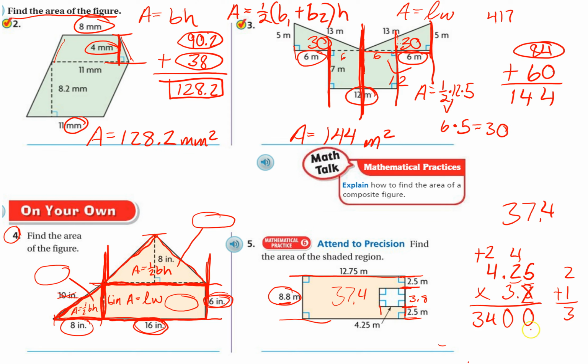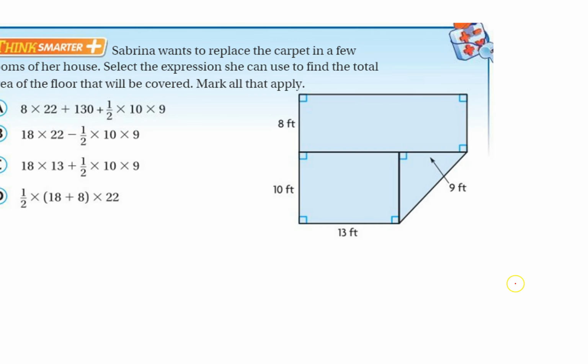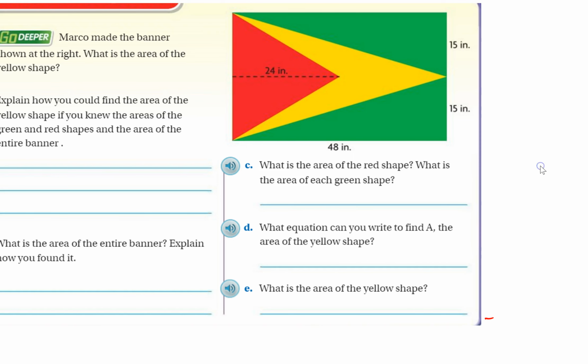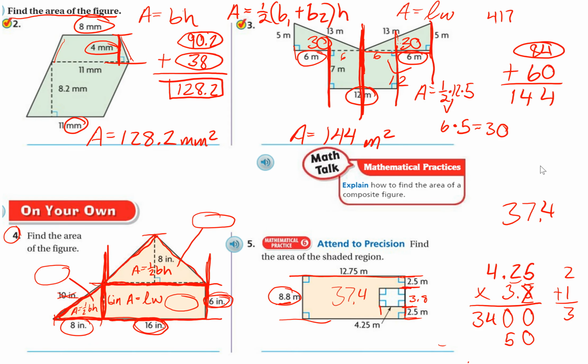Kiss that 8 goodbye. No offense, 8. Hug it out. 3 times 5 is 15. So now I have to do the 3 times everything. Why is it acting so buggy right now? 15, carrying my 1. 3 times 2 is 6, plus 1 is 7. And 3 times 4 is 12.